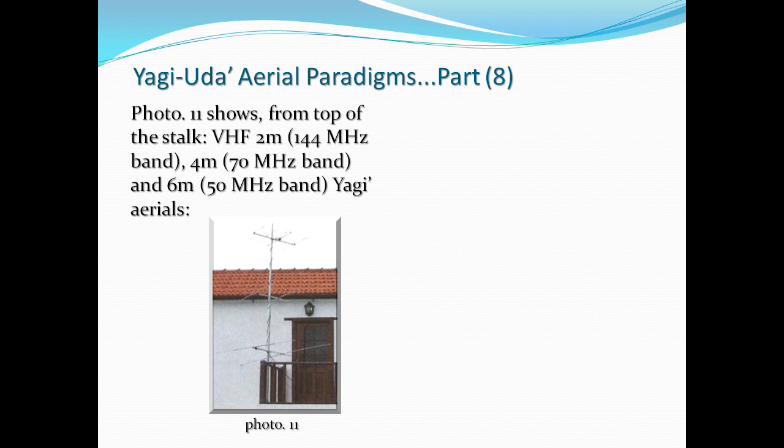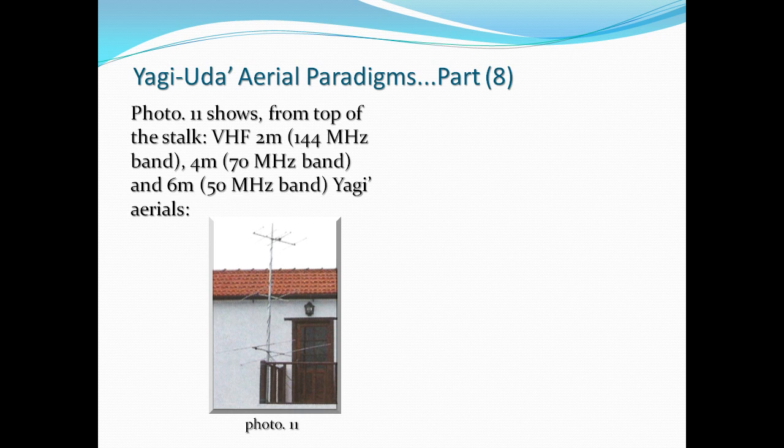It's appropriate Yagi-Uda array aerial installation practice to install the shortest wavelength Yagi aerial at the top of the aerial support stalk, a bigger Yagi aerial for a longer wavelength frequency allocation below that, specified by a number of centimeters separation to the top Yagi, and the very longest wavelength Yagi at the lowest point which is practical on the stalk. This is because of wind loading and propagation reasons.